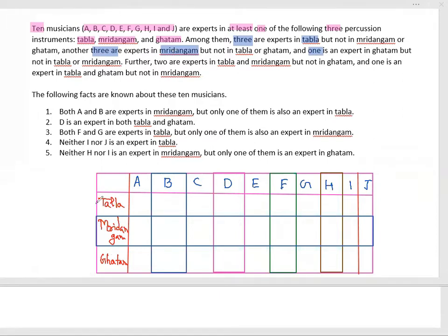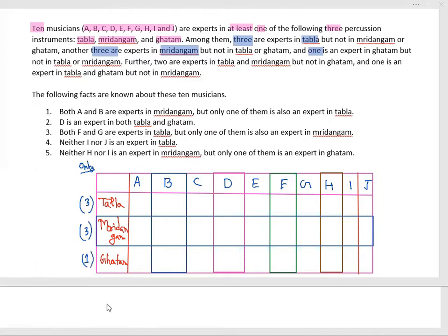So in tabla there are three, only tabla. In mridangam, this is again three. In ghatam, this is one. So 7 of them are considered like that.